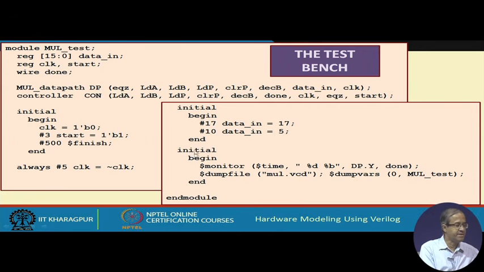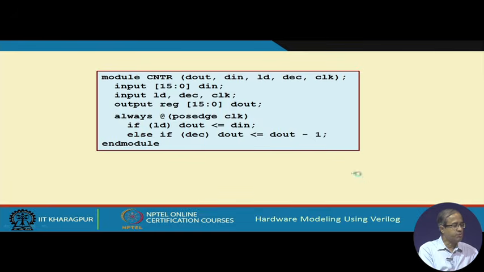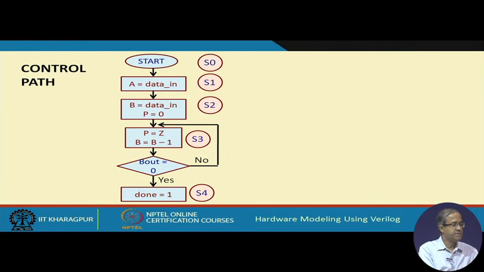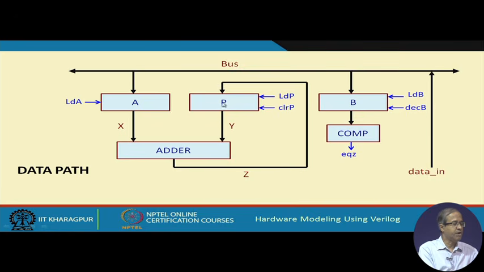And here in the initial block we are monitoring the value of y. What is y? If we just go back once, y is the output of the product, that means the final value.